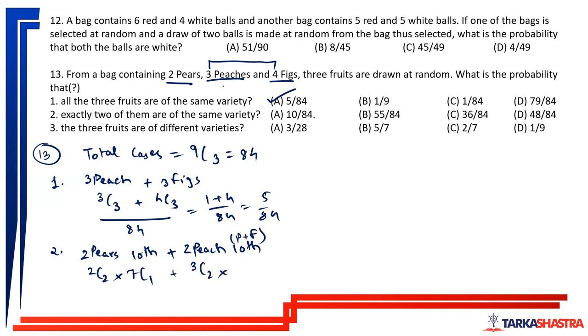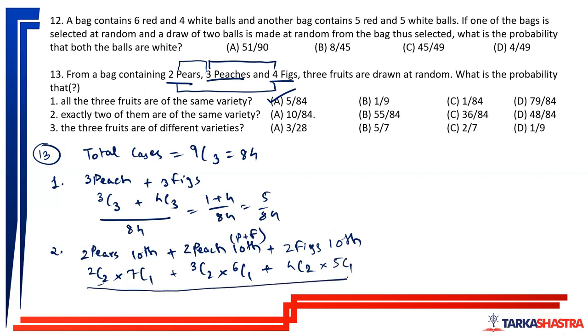We cannot include the peach here, because if that third one is also a peach, then it will not satisfy the condition. That one other has to be from pears or figs, that is 6C1. Or else we can have 2 figs and one other. 2 figs can be 4C2, into one other means any one of these 5 pears and peaches, so that is 5C1.